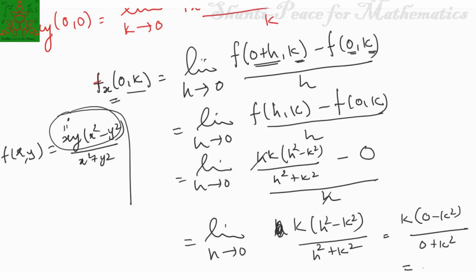So finally we have -k as the answer, because the numerator is -k³ and the denominator is k².